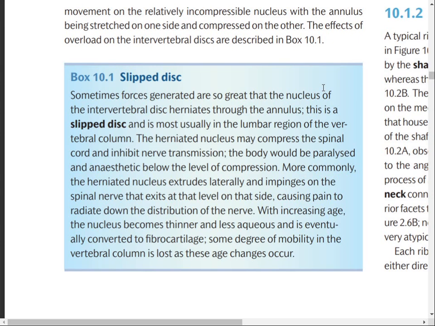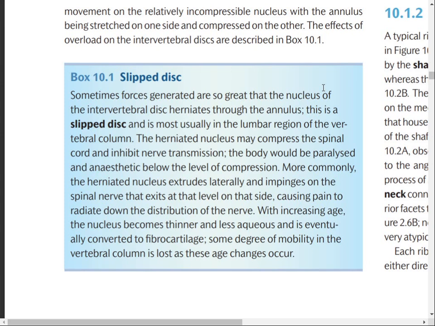Slipped disc. Sometimes forces generated are so great that the nucleus of the intervertebral disc herniates through the annulus. This is a slipped disc and is most usually in the lumbar region of the vertebral column. The herniated nucleus may compress the spinal cord and inhibit nerve transmission.